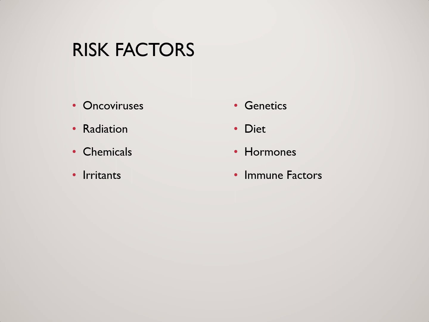Diet is also a major factor in the cause and the prevention of cancer malignancies. People who eat a high-fat, low-fiber diet are more prone to develop colon cancer. High-fat diets are also linked to breast cancer in women and prostate cancer in men.